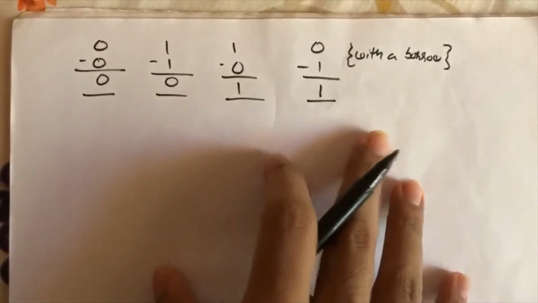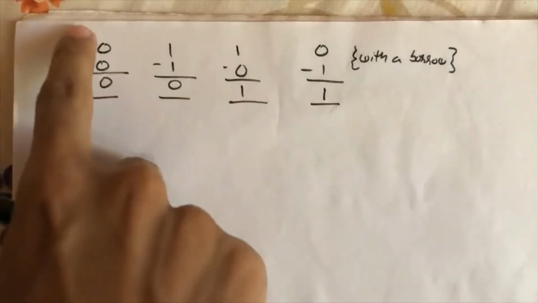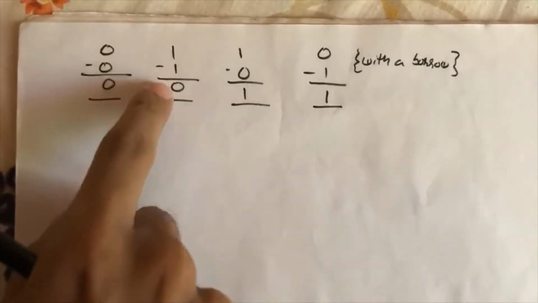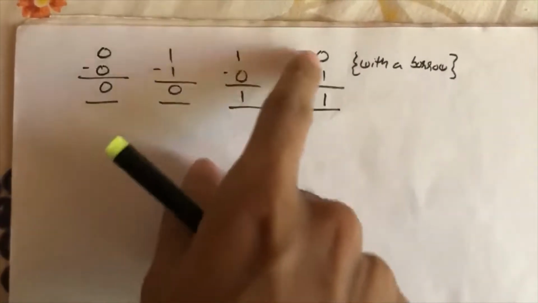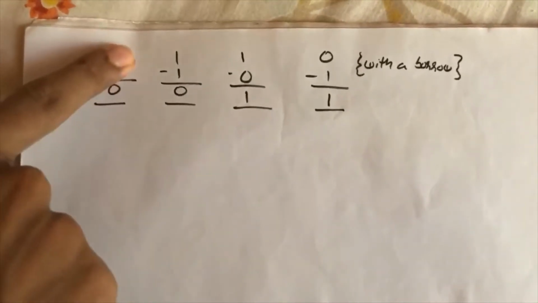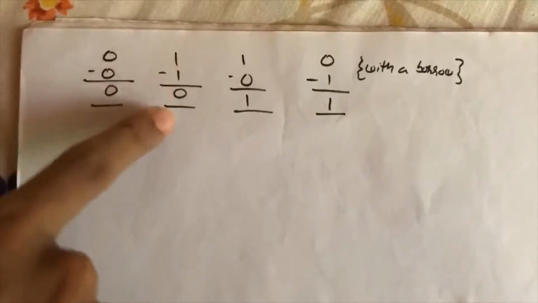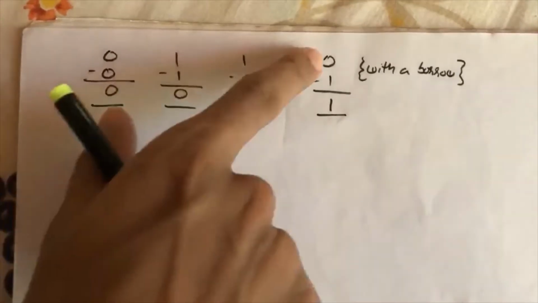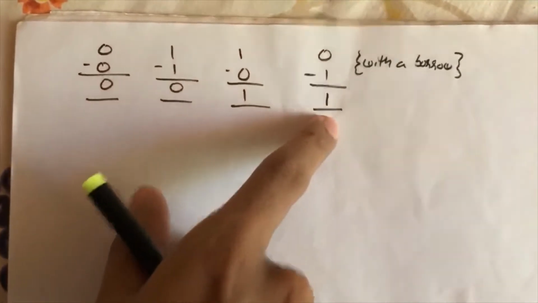Now we see that when we have 0 and 0, we should get 0, 1 and 1, 0, 1 0 1 0 1 0. That means whenever we have the same inputs, we should get 0. When you have different inputs, we should get a 1.